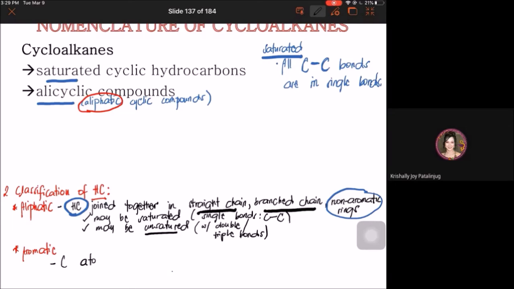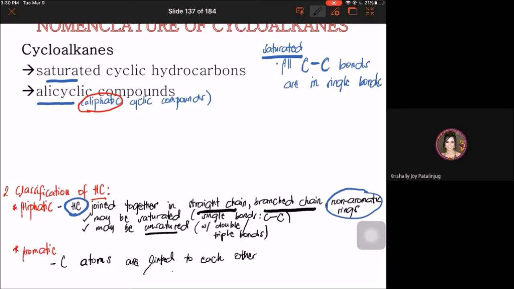Okay, so define ko lang, kapag sinabing aromatic hydrocarbons, classification of hydrocarbon, ibig sabihin yung carbon atoms are being linked to each other in a ring.